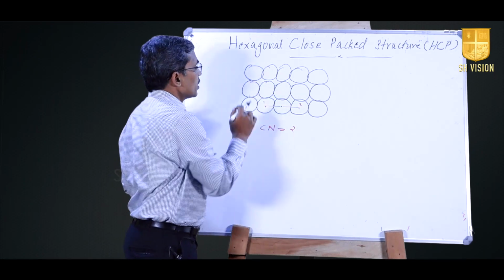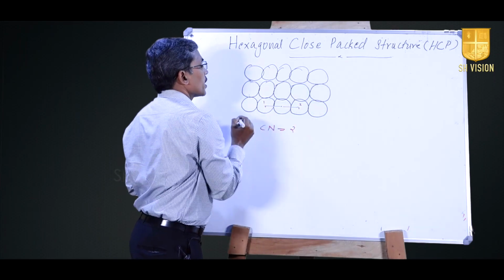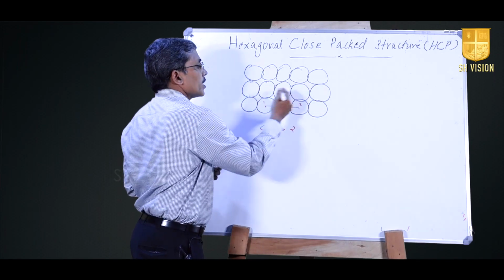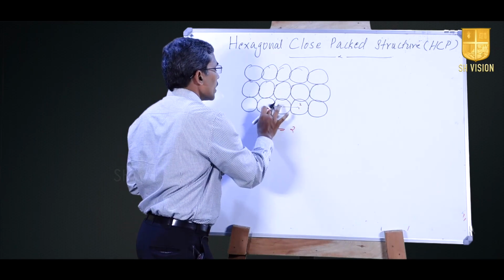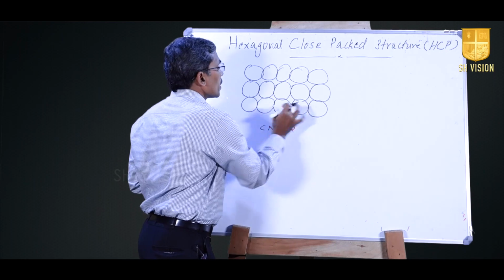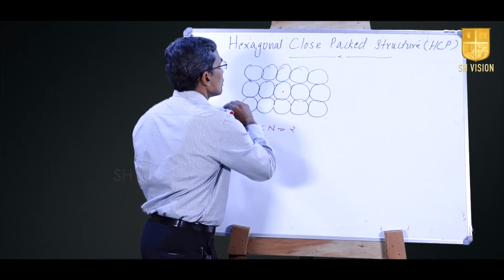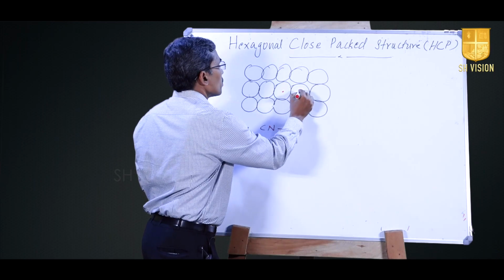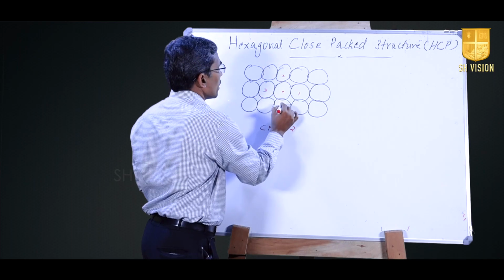So, this is actually a loose packing where large space will be going vacant, and the void will be big in size. In this case, if you take any particular atom, here, this particular atom is in contact with 4 atoms, 1, 2, 3, 4.